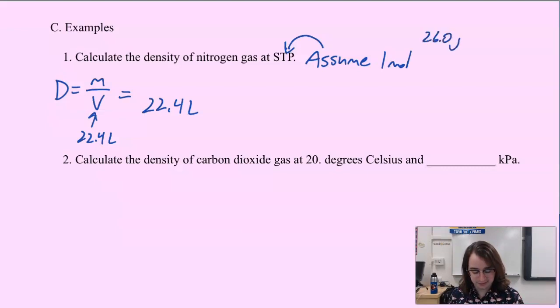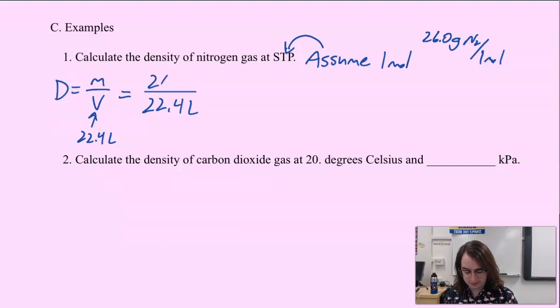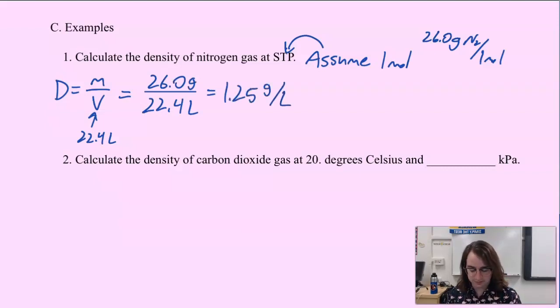That's 26.0 grams of nitrogen per 1 mole, right? So we can use that assumption as well. So if we take that 26 grams, then we have what we need. We have grams over liters, which if we shoot that out, we get 1.25 grams per liter. So we do a lot of assuming, but it does help us kind of figure out what we need, as long as we're at STP.